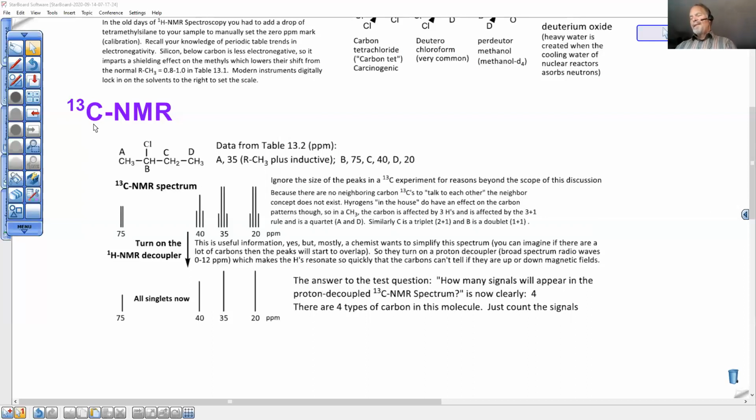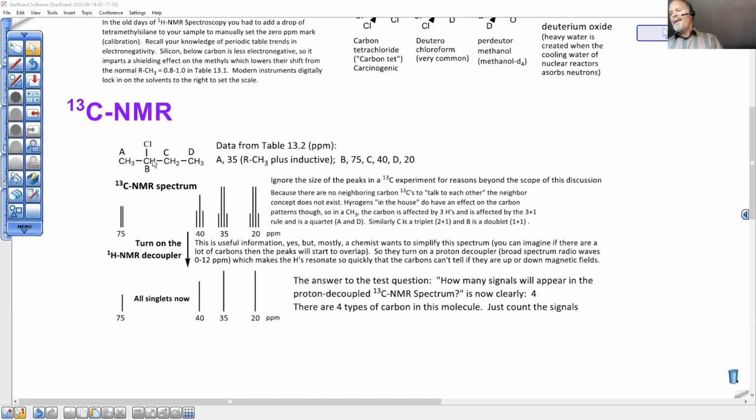Well, there's no communication between carbons in the C13 experiment because they would have to both be C13s adjacent to each other. But you also need to remember that each hydrogen on a carbon is an electromagnet itself, and that will influence the carbon's peak.